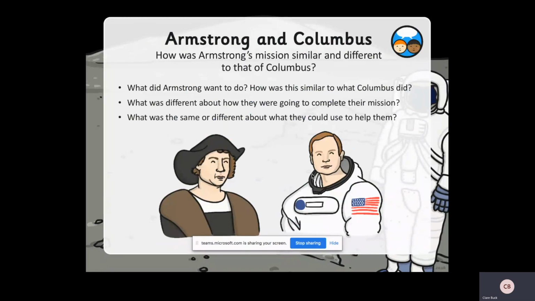How was Armstrong's mission similar and different to that of Columbus? I'd like you to have a think, maybe have a chat with a brother or sister or a parent, a carer. What did Armstrong want to do you think? And how was this similar to what Columbus did?